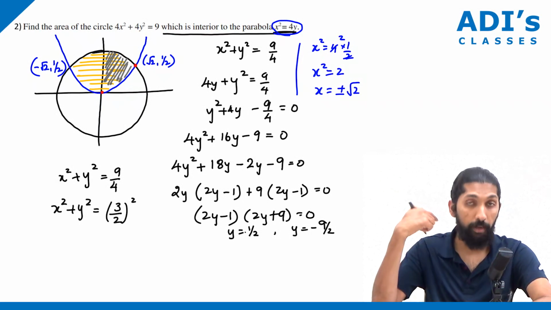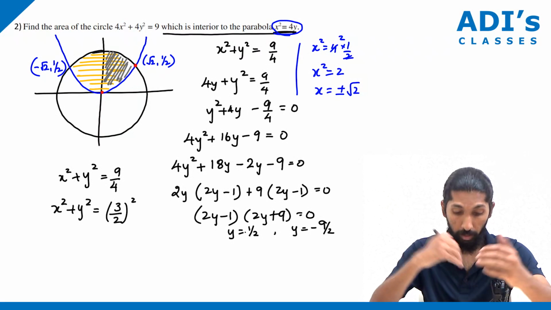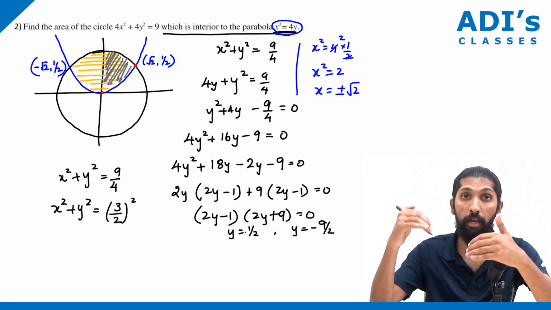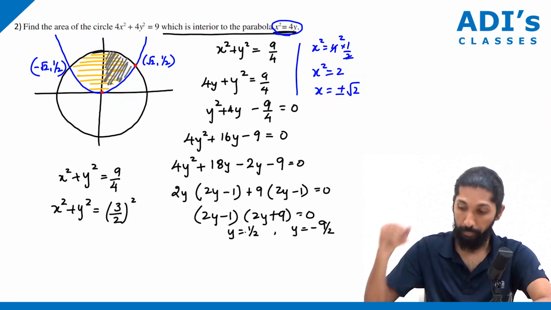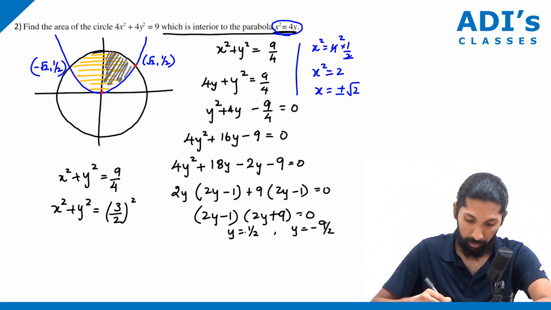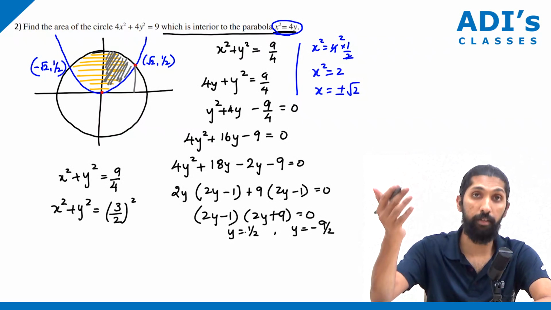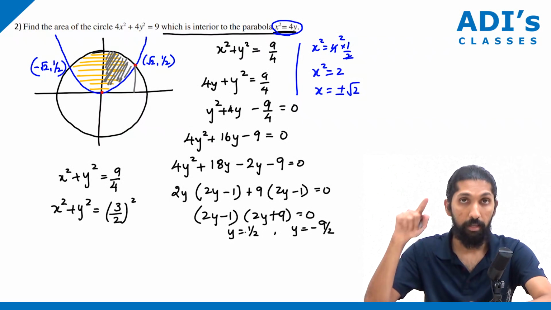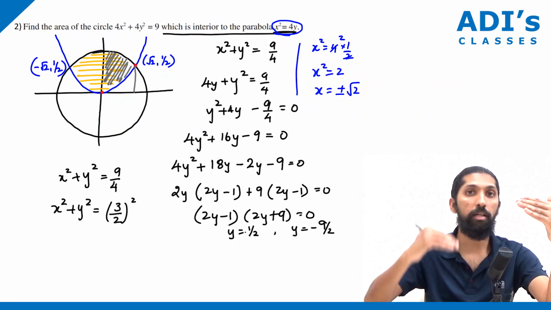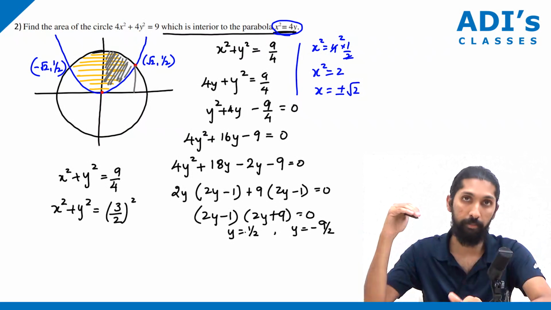Okay. After finding the points, what is the third step? Now you have to understand which area minus which area. Again, like I told, from the point, draw a line like this, which is the above curve. Circle, correct? Circle is above, parabola is below. So we do circle minus parabola.